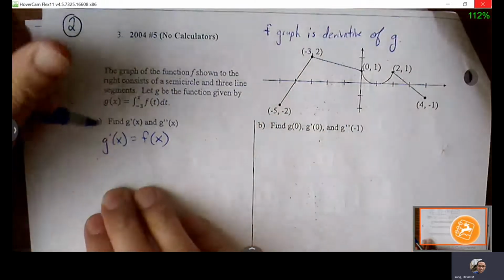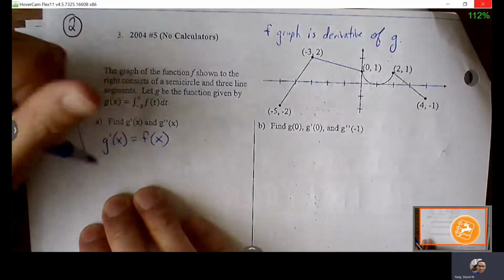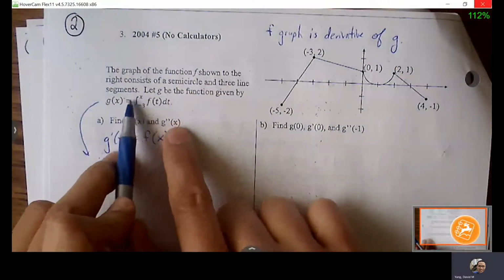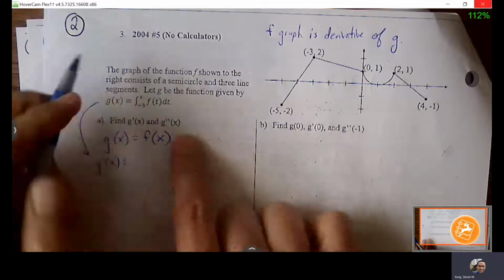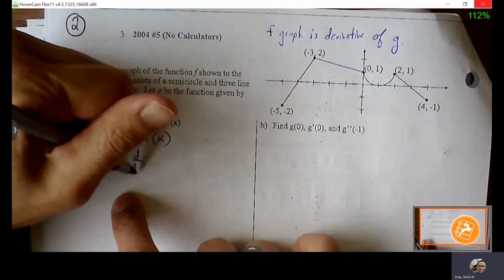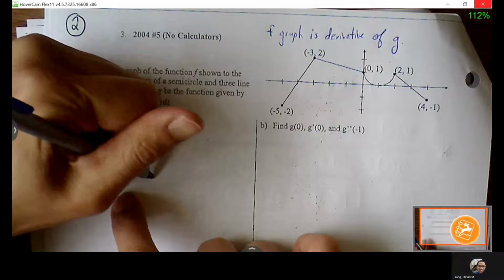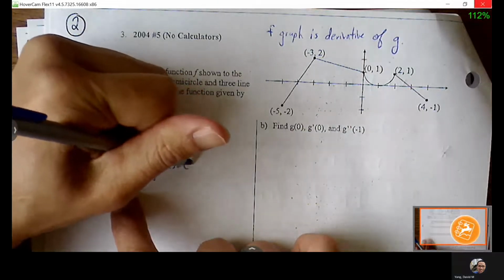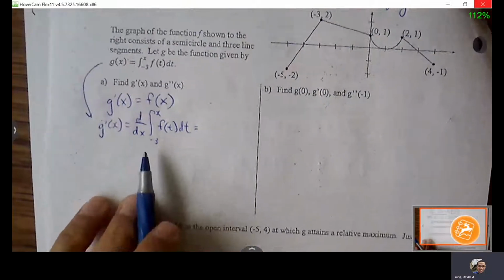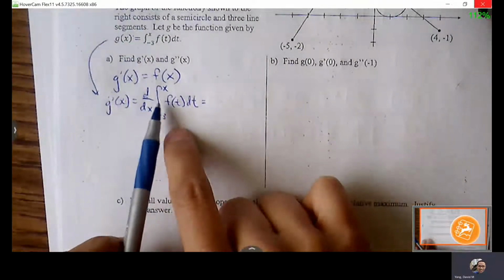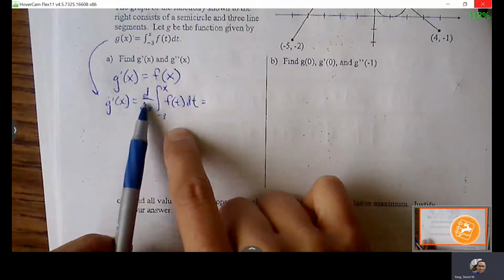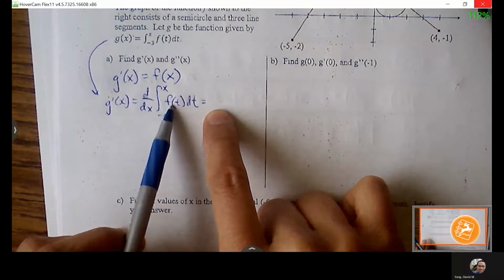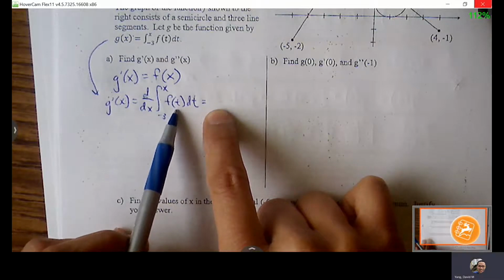Now, I want to show you using the second theorem that this is true, because if I were to find g prime, I would essentially be taking the derivative of this notation. Think about the second theorem. What's going to happen if I pair a derivative and a definite integral together? That upper bound is going to get inserted for the t.